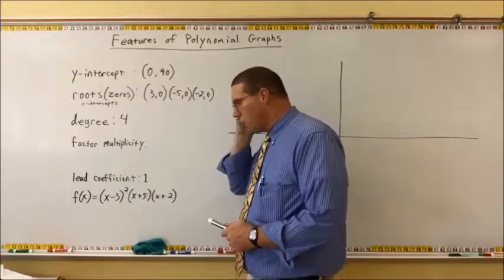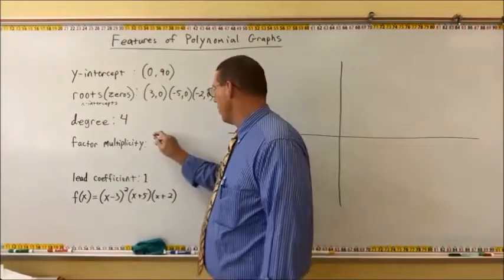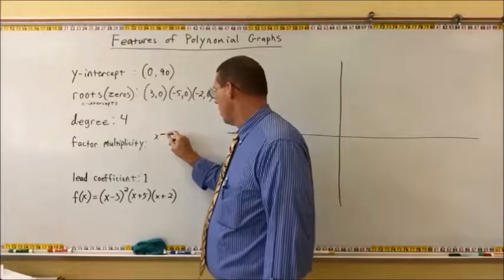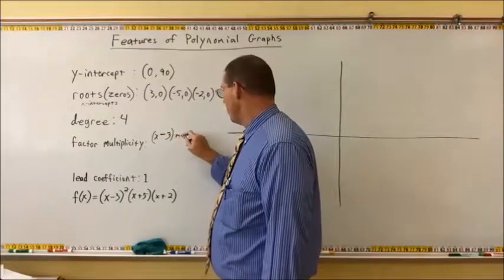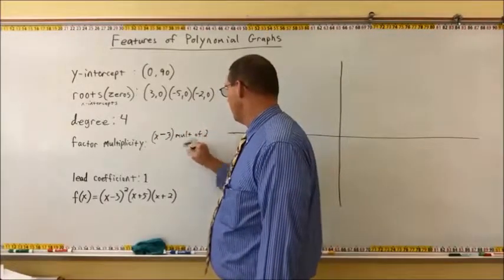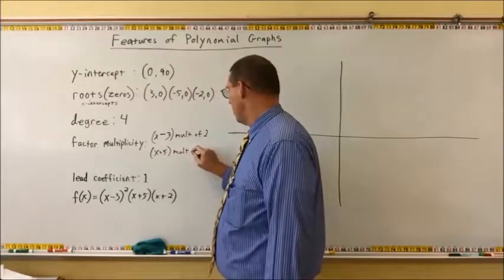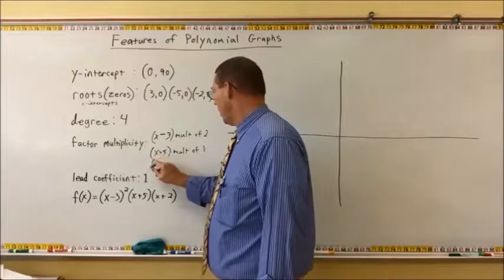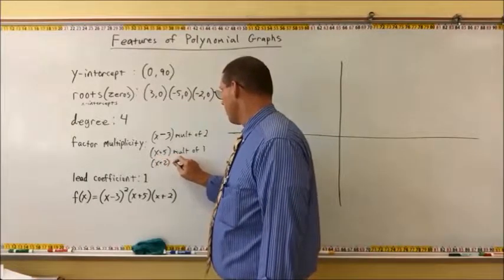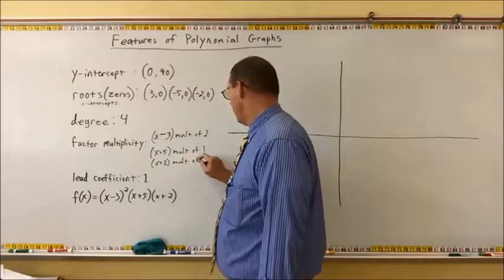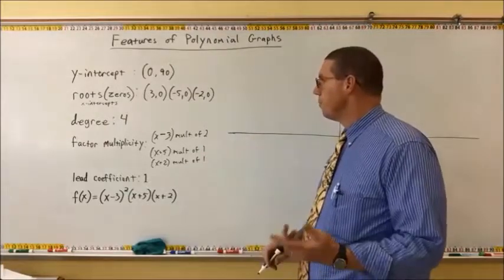So here, x minus 3 has a multiplicity of 2, and then x plus 5 has a multiplicity of 1, and x plus 2 has a multiplicity of 1.